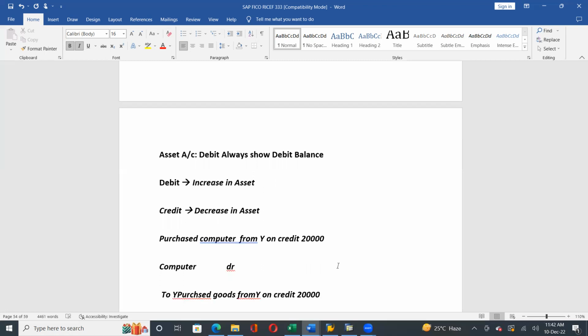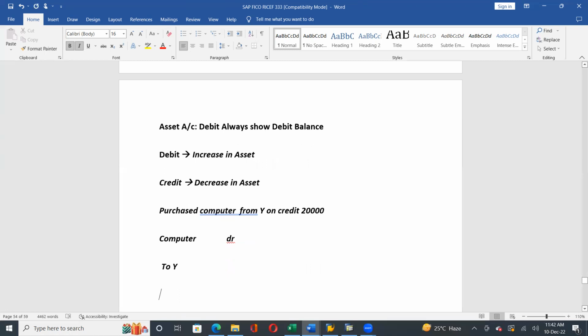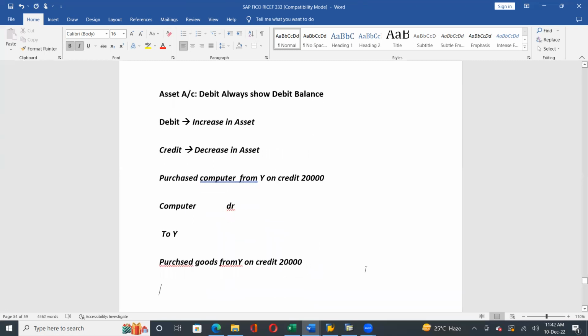And how about the next one? Something purchased for resale, so we don't write goods. We are going to write purchases account debited, 20,000 to Y.